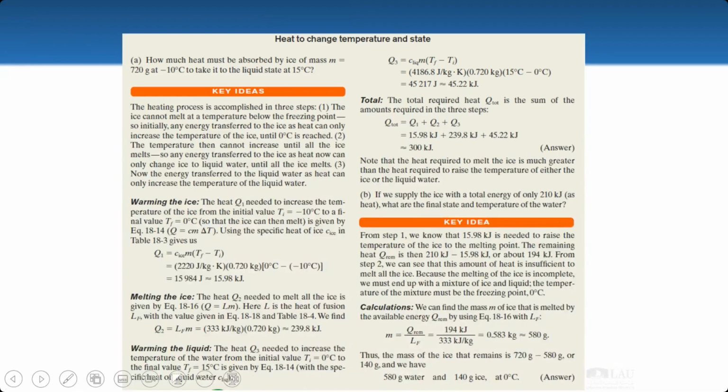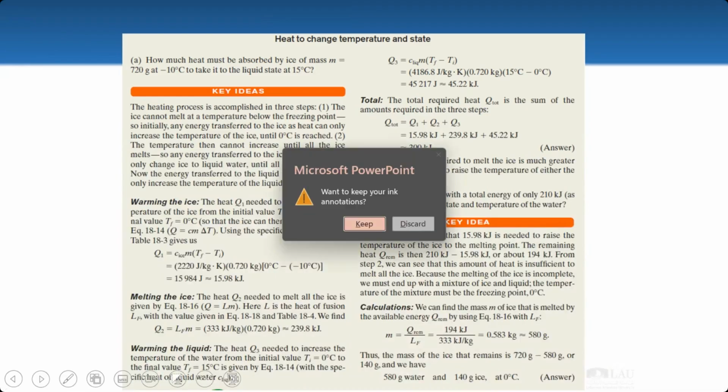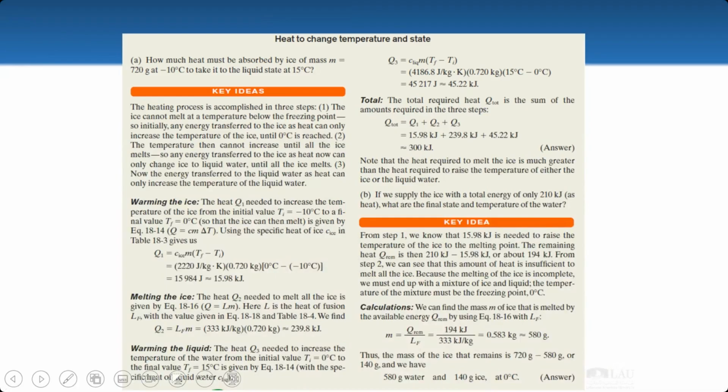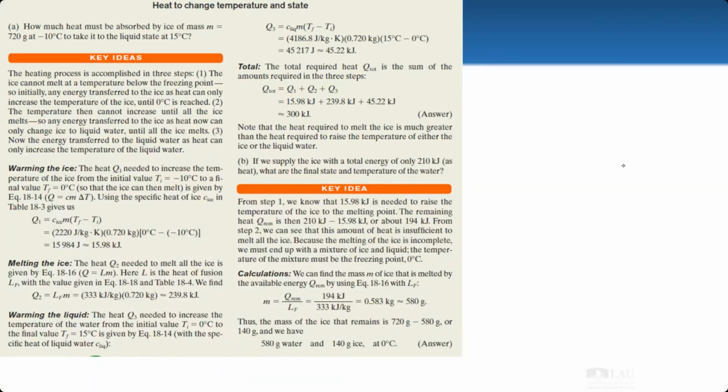Let's check some example that we can solve. So, how much heat must be absorbed by ice of mass 720 grams at T initial equal minus 10 degrees Celsius to take it to a liquid state at 15 degrees Celsius?